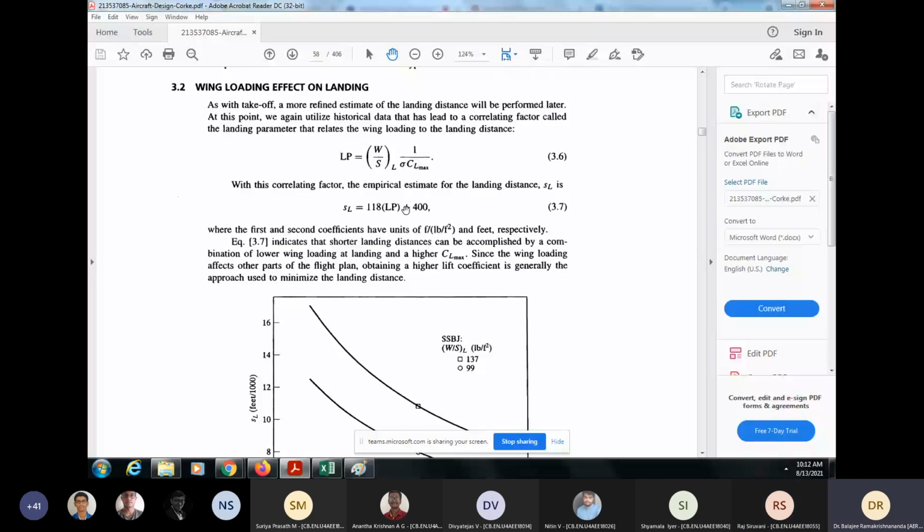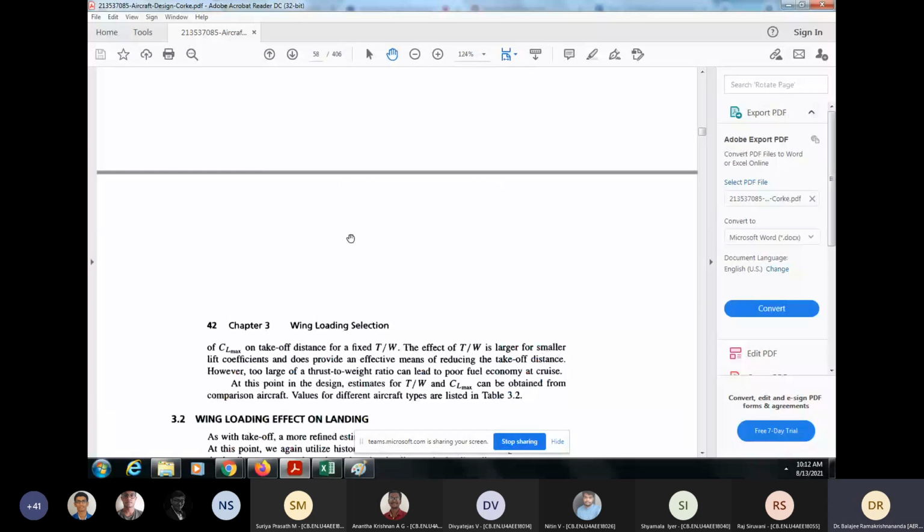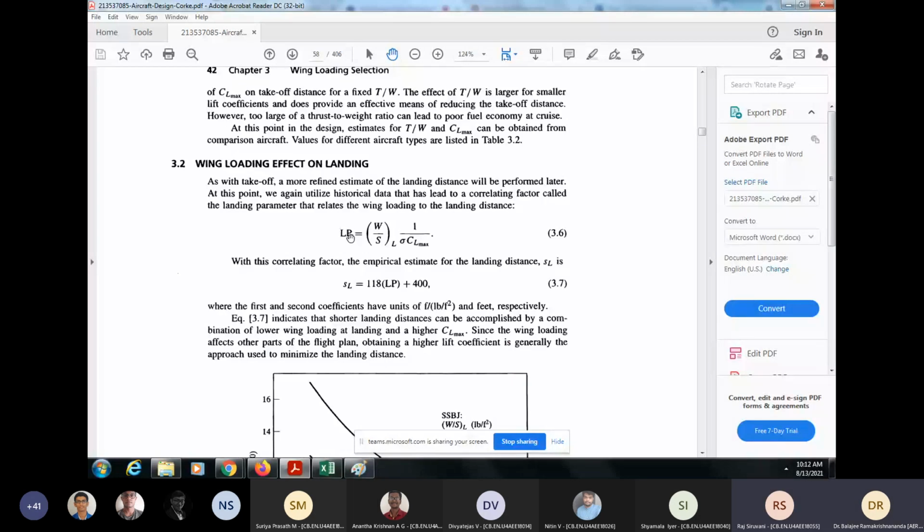LP is landing parameter. Yes, sir. SL will be in feet. Here also, earlier also, the landing and takeoff distance should be in feet to use that expression. Don't forget to convert everything to consistent units, then you get a wrong answer. But it's just for illustration.